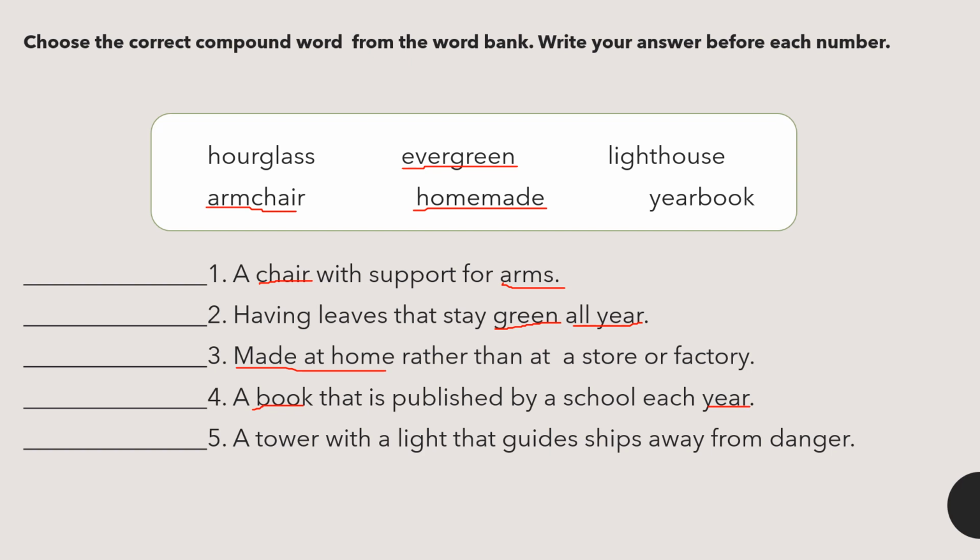So we have yearbook. And number 5, a tower with a light that guides ships away from danger. So it is a tower with a light. It guides the ships away from danger. That is a lighthouse.